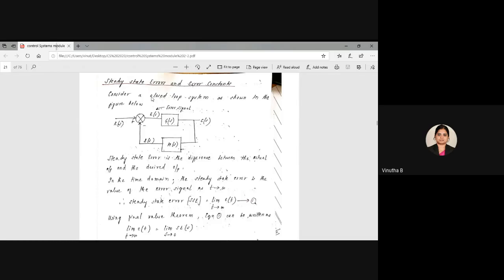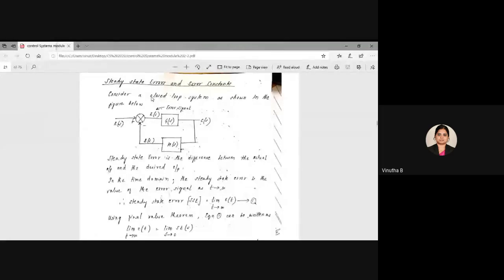Nature of inputs means whether it is a step input, ramp input, parabolic input or impulse input, signal inputs which we are giving to the system to excite the system. So it depends on the nature of inputs, the type of system, and also on the non-linearity of the system components. So linearity and non-linearity, here it depends on the non-linearity of the system components.